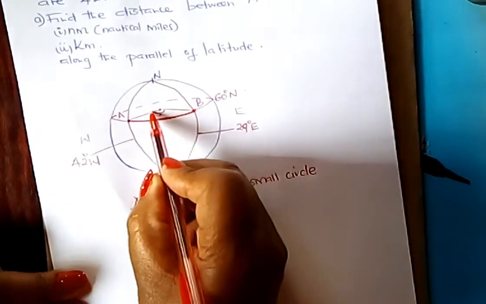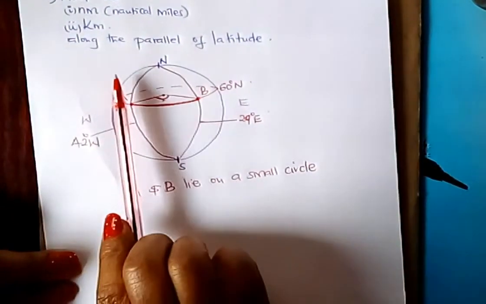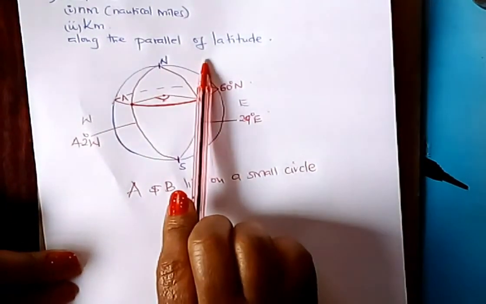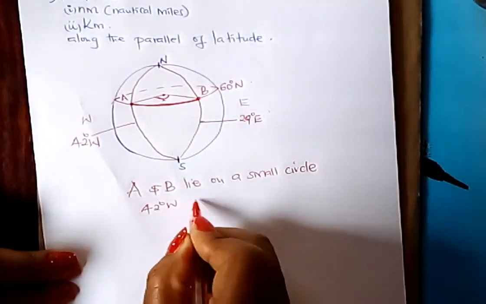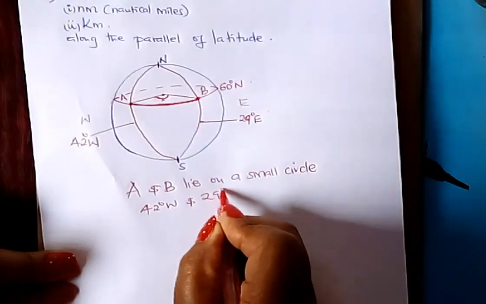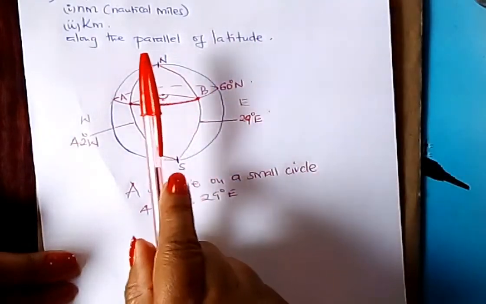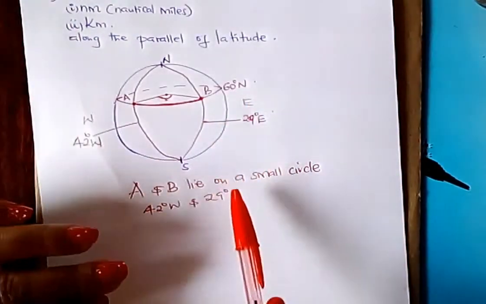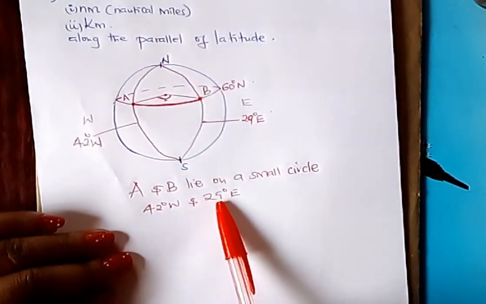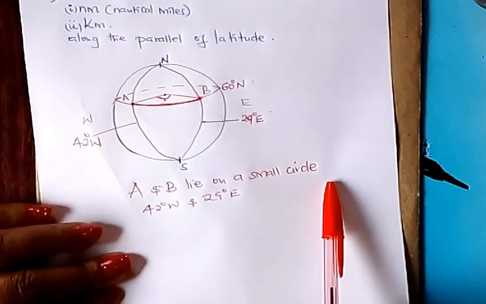This angle reflects the longitude difference, the difference between this longitude and this. This is 42 degrees to the west and 29 degrees to the east. What is the longitude difference? 42 degrees to the west of the Greenwich meridian and 29 to the east of the Greenwich meridian.